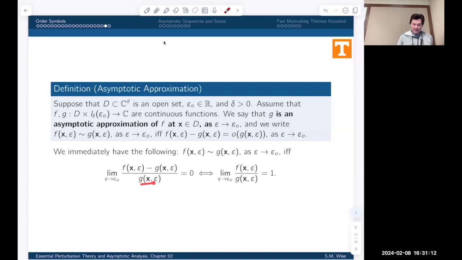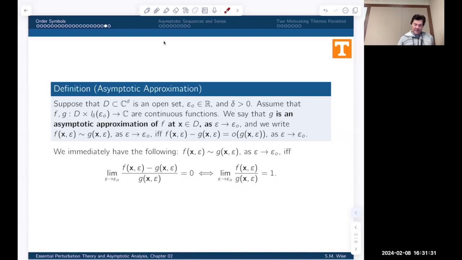But of course, now I can divide G by G and write this as the difference of two quotients. That's just going to be 1. And so this has limit 0 over here if and only if this has limit 1 over here.